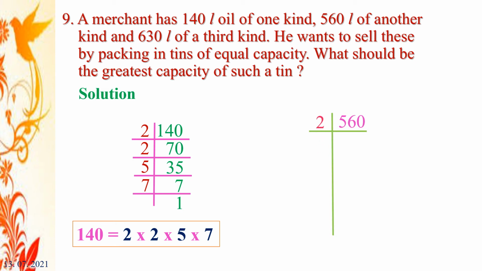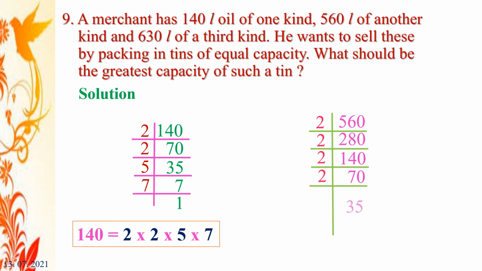It is divisible by 2 because that is an even number. So we'll get 280. 280 is an even number, so it is divisible by 2. So we'll get 140. 140 is also an even number, so it is divisible by 2. So we'll get 70. 70 is an even number, so it is divisible by 2.